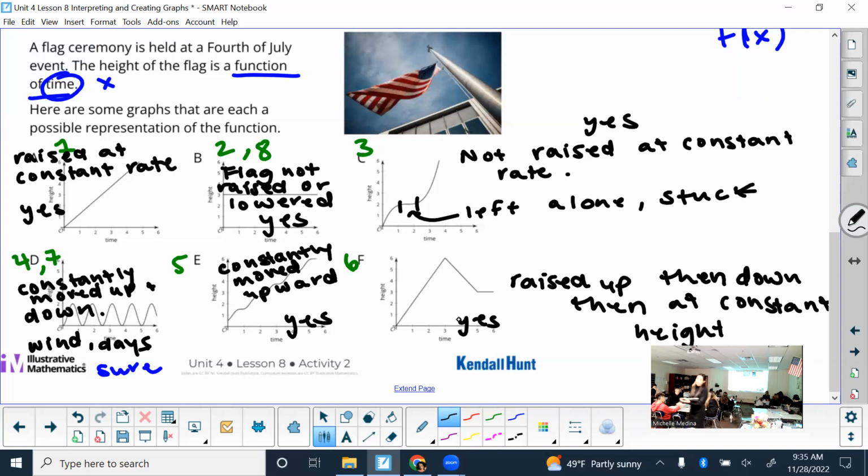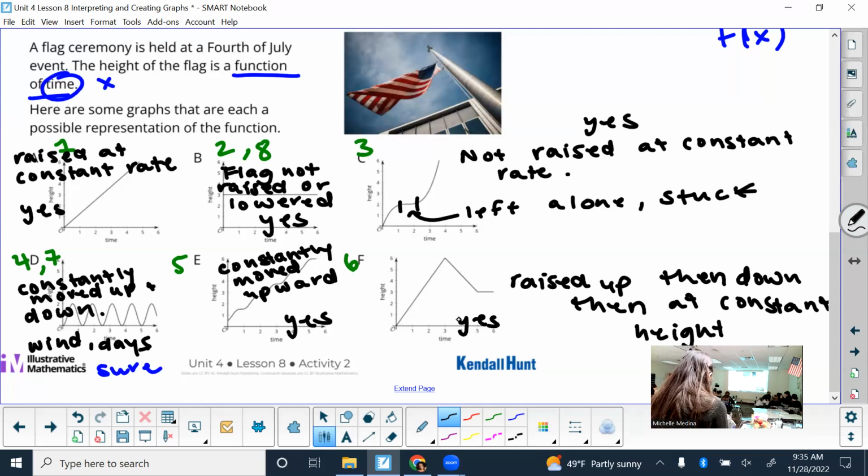The book picked for some to be more realistic than others. But either way, at the end of the day, as long as there's no negative height or negative time, then I think that they're all realistic and possible. But here's what the book says, and you can agree or disagree with them.